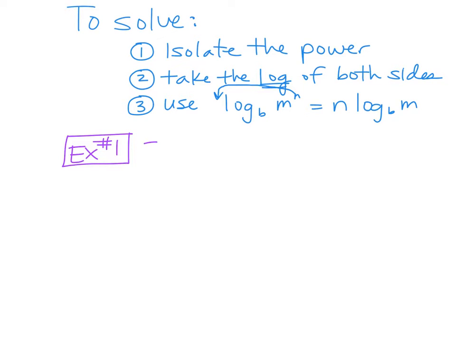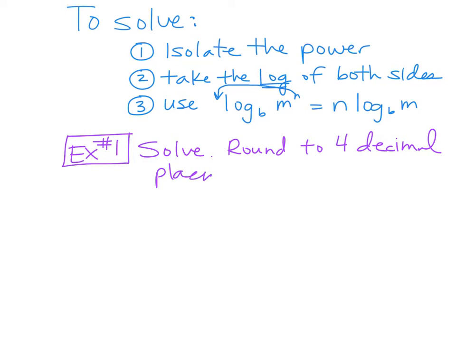They're gonna say solve, and we're gonna round to 4 decimal places. And just show your work on this stuff so that if you go wrong somewhere, you know where you went wrong, right? Write down the problem, work it out, show me what you're doing. All right.